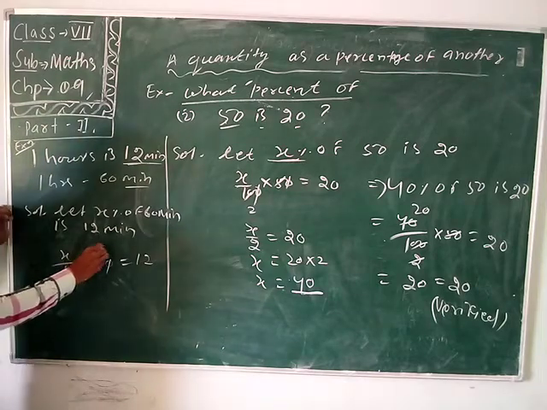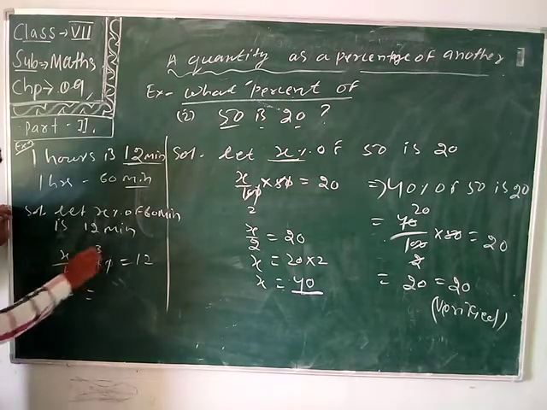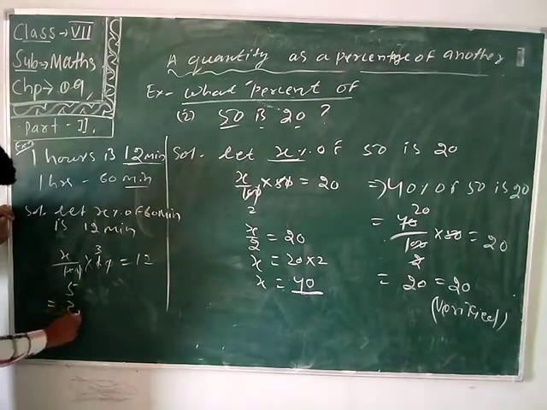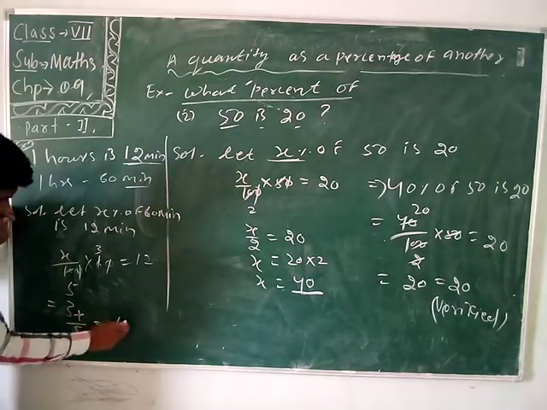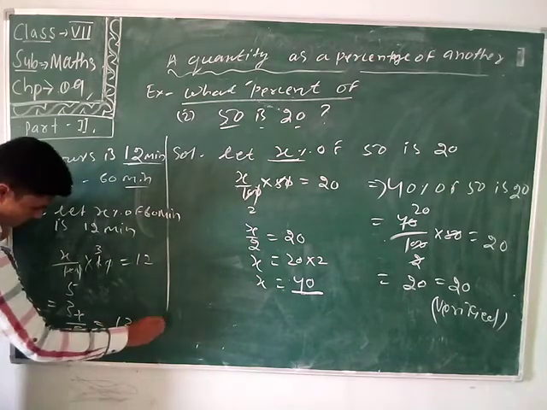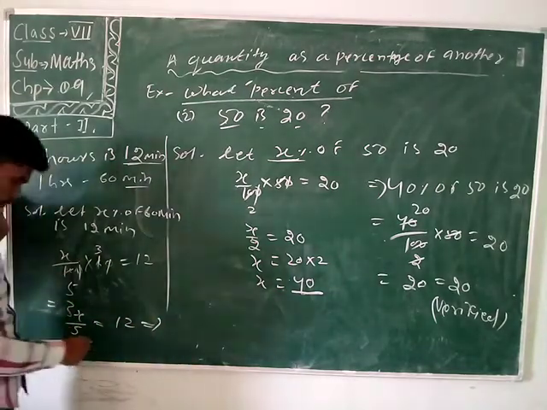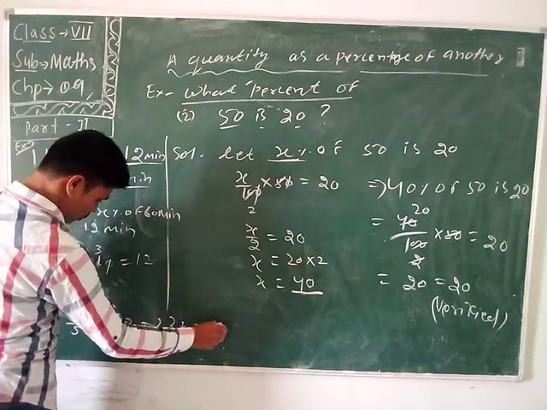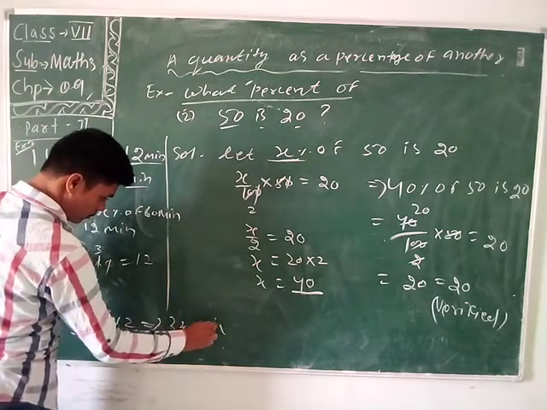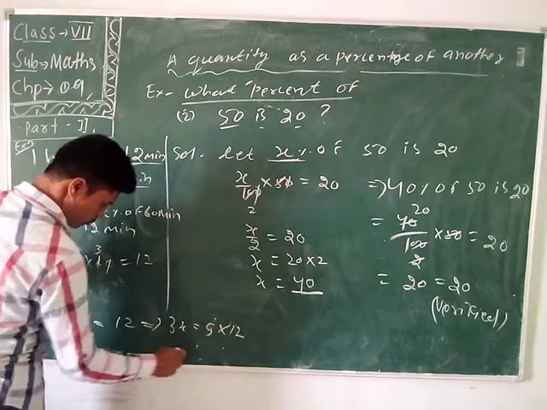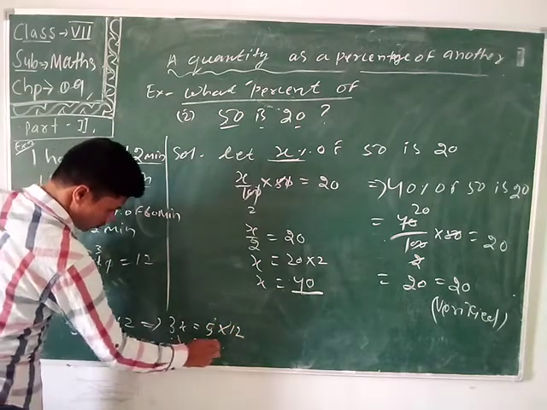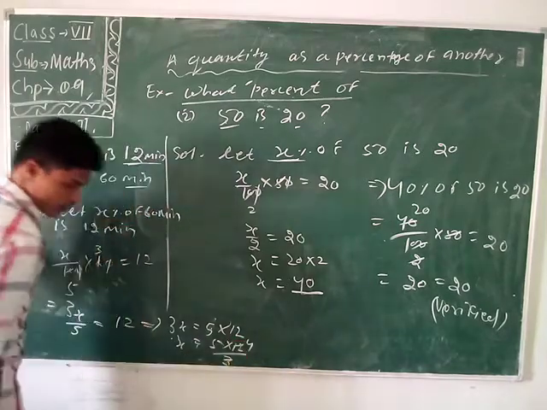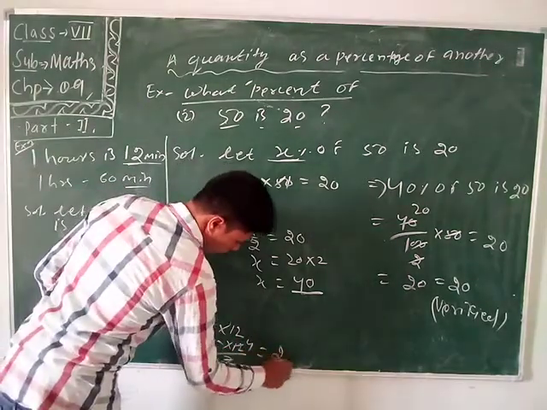Now 2 3s are 6, 2 5s are 10, so that means 3x by 5 equals 12. Now 5 is multiplied with 12, so x equals 5 into 12 by 3, and 3 4s are 12, 5 4s are 20.